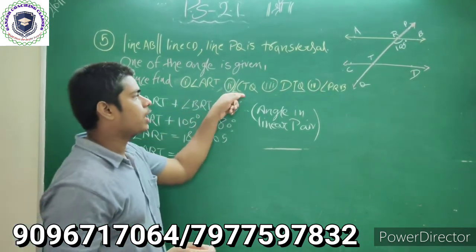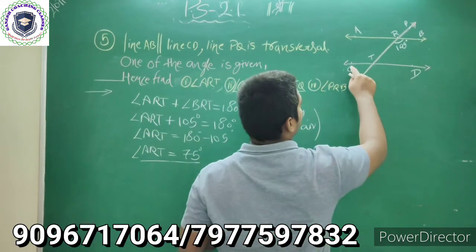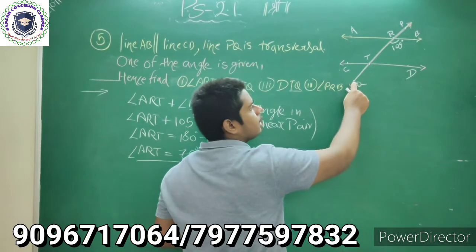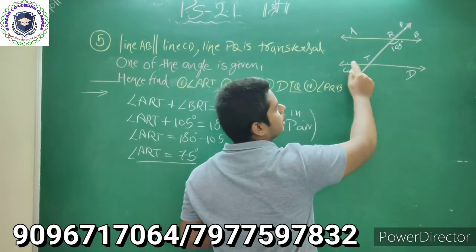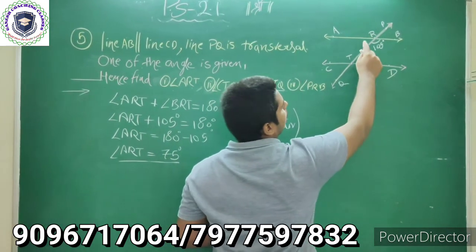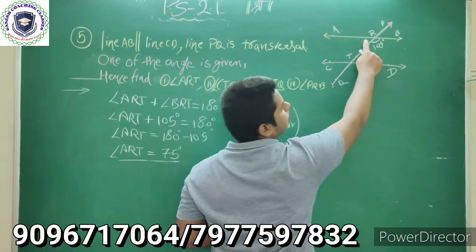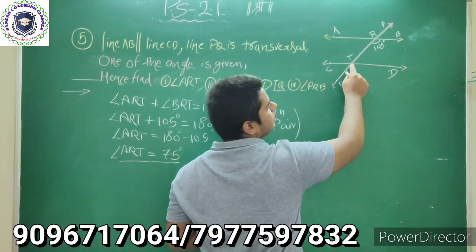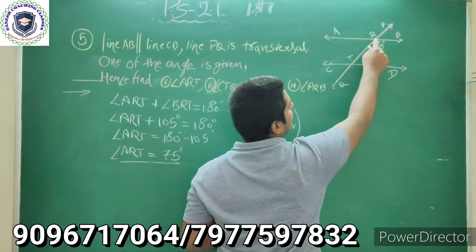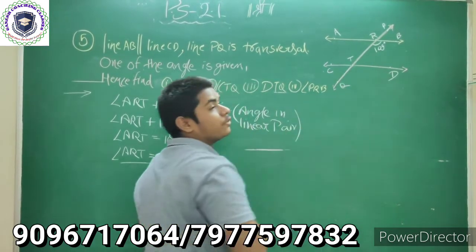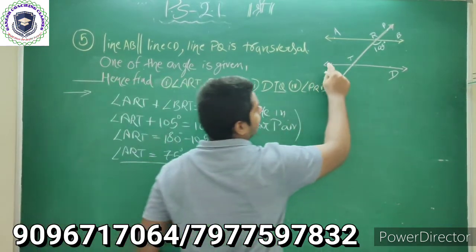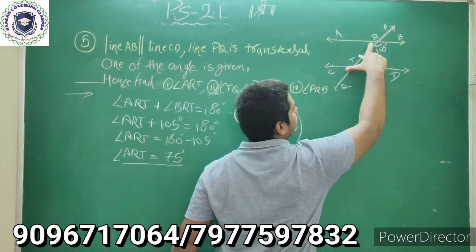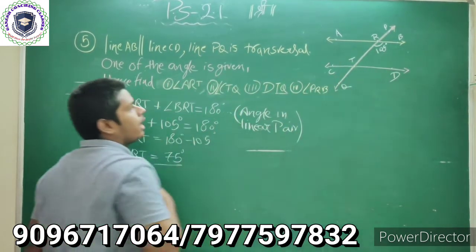Now in the second one we have to find angle CTQ. Is there any relation between angle CTQ and any of the angles above? Yes, angle CTQ and angle ART are corresponding angles, because these two angles look alike.